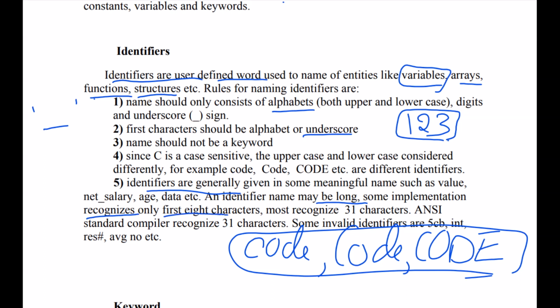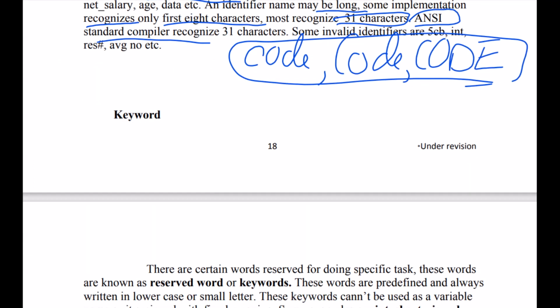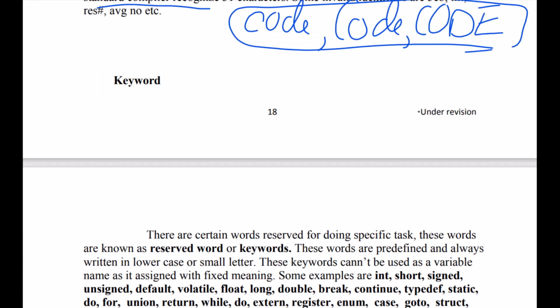Some implementations recognize only the first 8 characters. Most recognize 31 characters. The ANSI standard compiler recognizes 31 characters. Some invalid identifiers are 5CB, int, res#, and average number, etc.